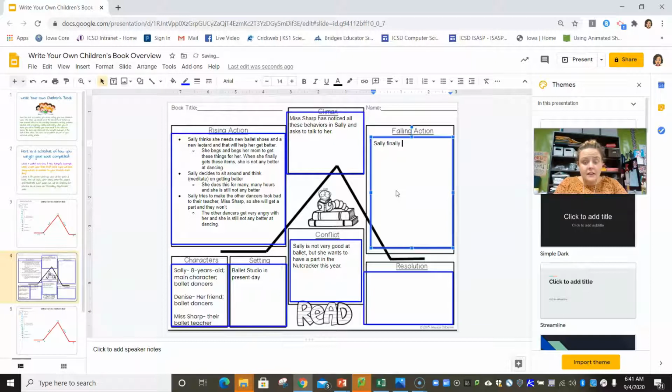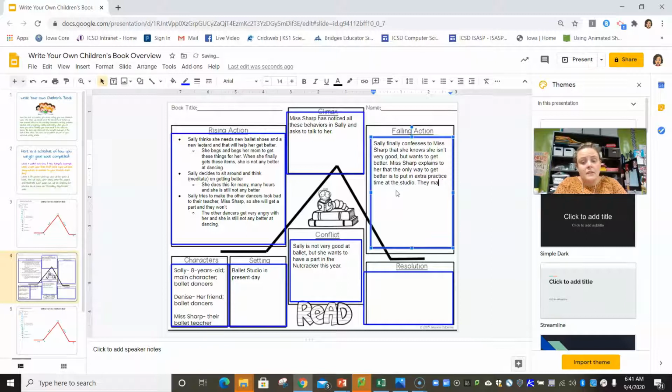Sally finally confesses to Miss Sharp that she knows she isn't very good, but wants to get better. Miss Sharp explains to her that the only way to get better is to put in extra practice time at the studio.